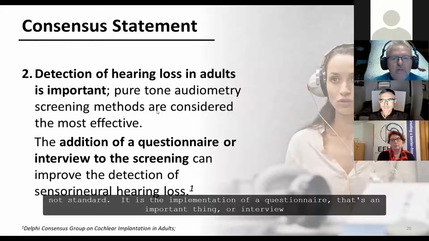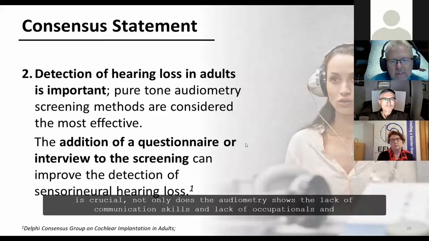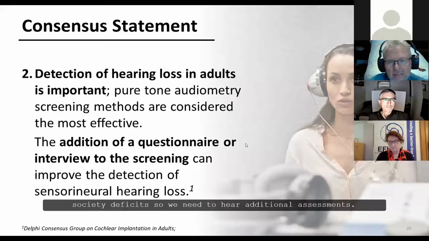The addition of a questionnaire or interview is also an important thing and crucial, because not only does the audiometry show the lack of communication skills and the lack of occupational and society deficits.